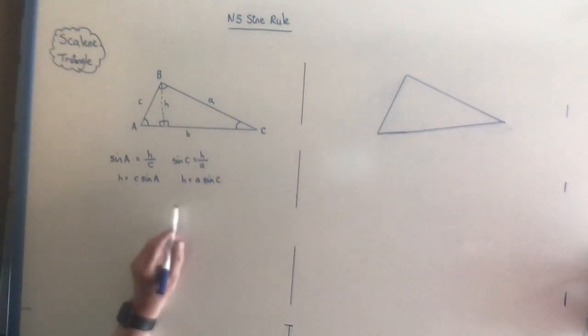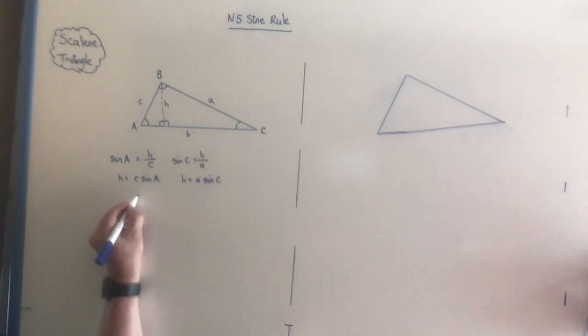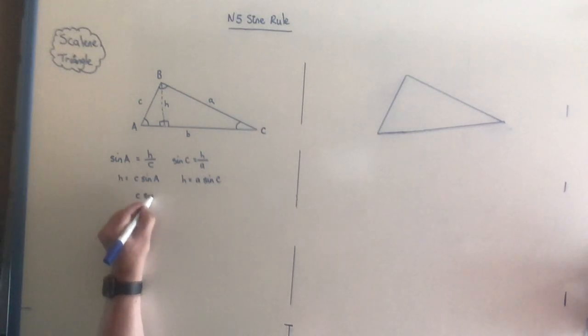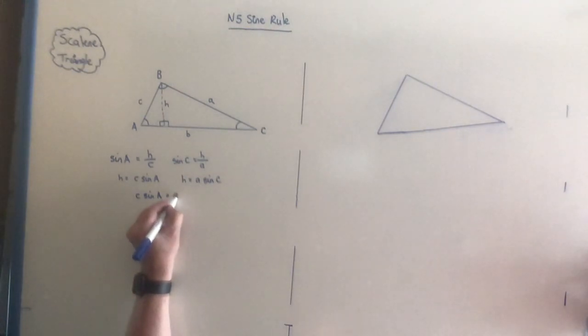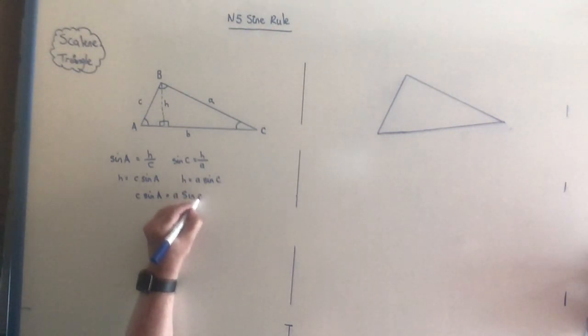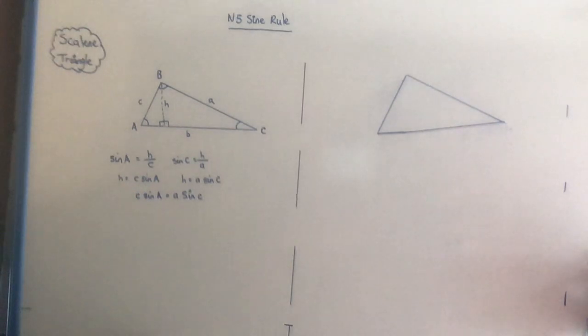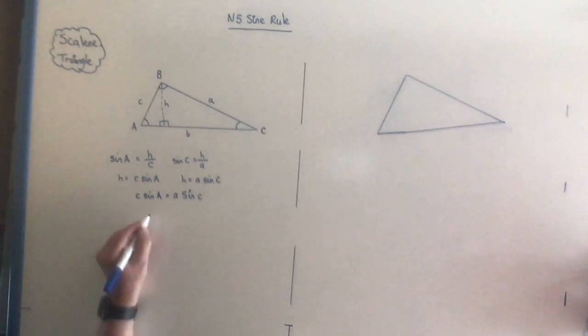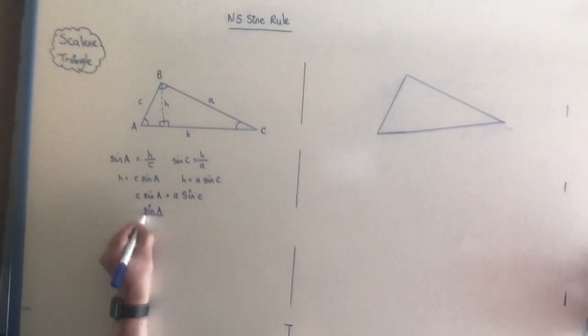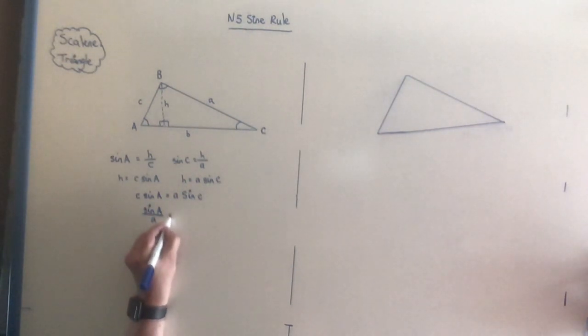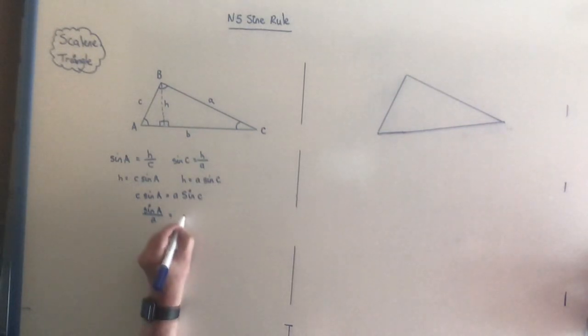Now, these two things are the same. So it's true to say then that C sine A is equal to A sine C. Okay, and if we just rearrange that, then it tells us that sine A over small a is equal to sine C over small c.